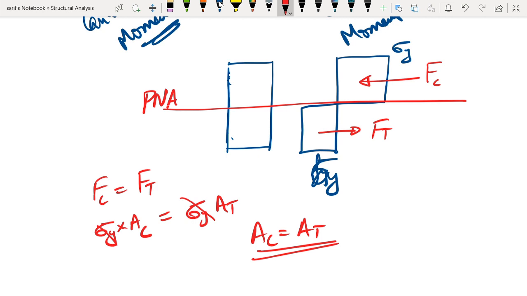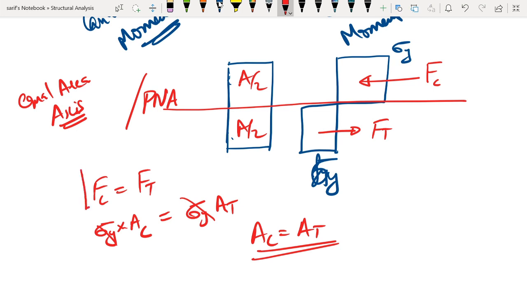This plastic neutral axis divides the cross section into two areas of equal proportion, or the plastic neutral axis is also known as the equal area axis. That is, it divides the entire cross section into two halves of equal areas. So here the area will be A by 2, and below the plastic neutral axis also the area will be A by 2. So that is the first relation, which we have derived from the force equilibrium of the cross section.